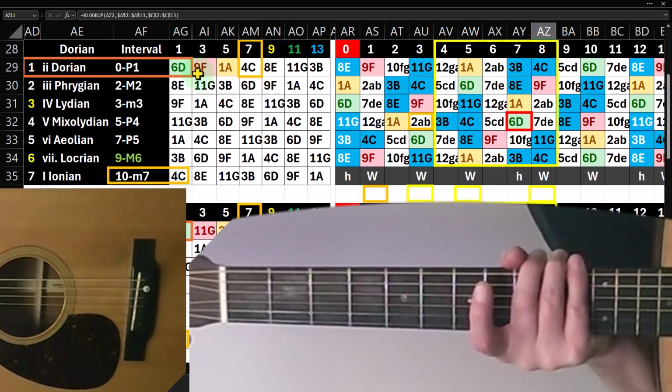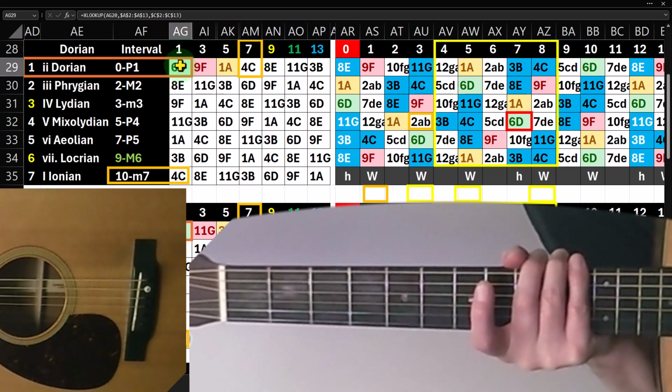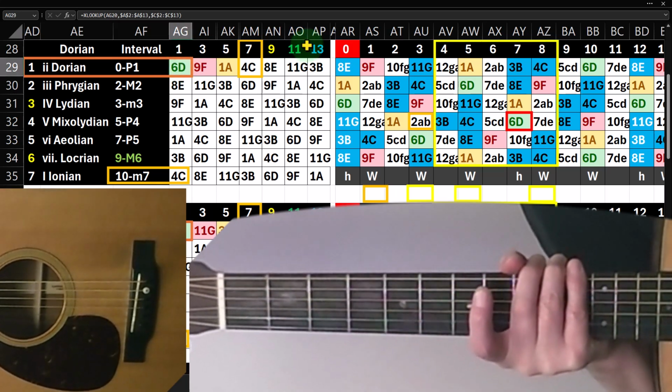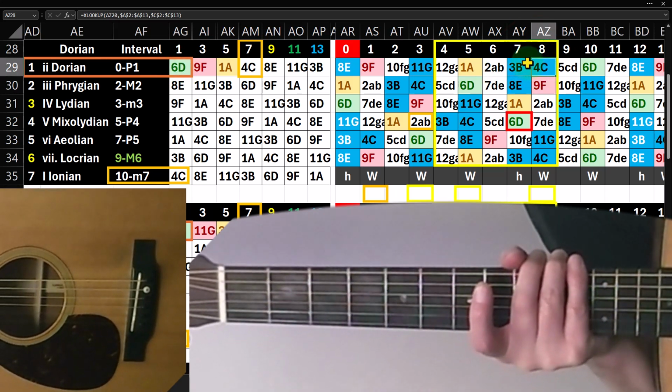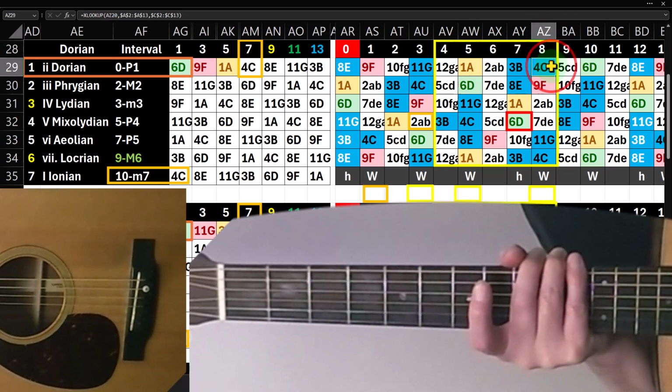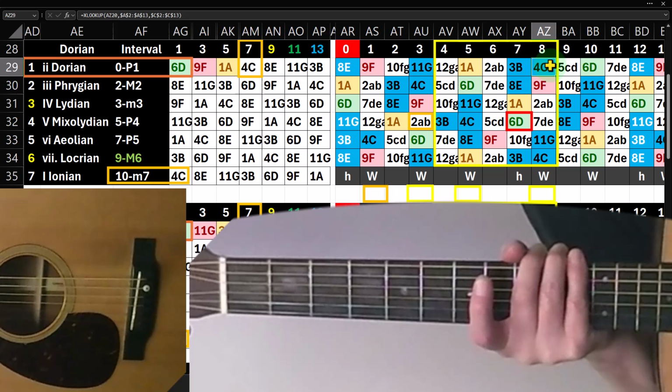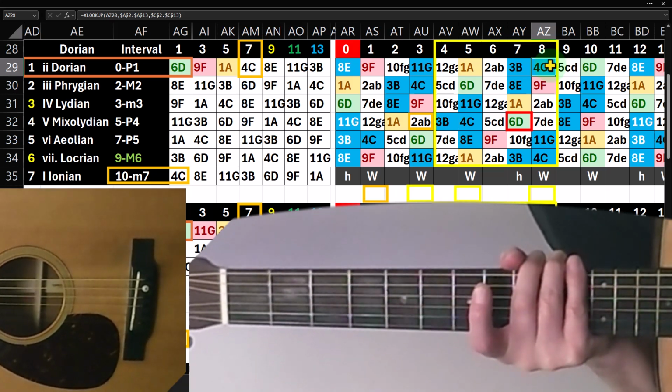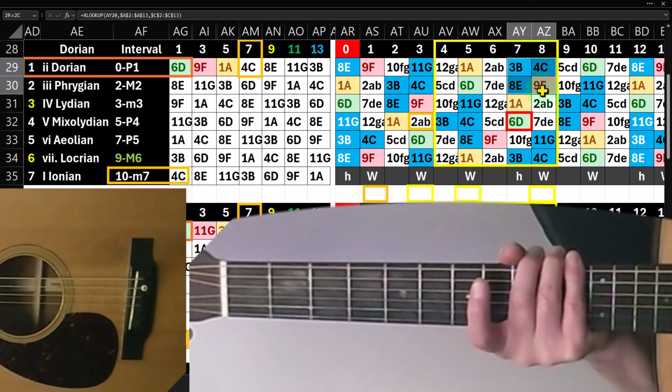Even if I'm in the Dorian mode, D Dorian related to C major, the C is still at the top of the house. Even though I'm focused on the Dorian, I'm still going to call it absolute mode number 1, or Ionian mode, and it will always be in the same shape.